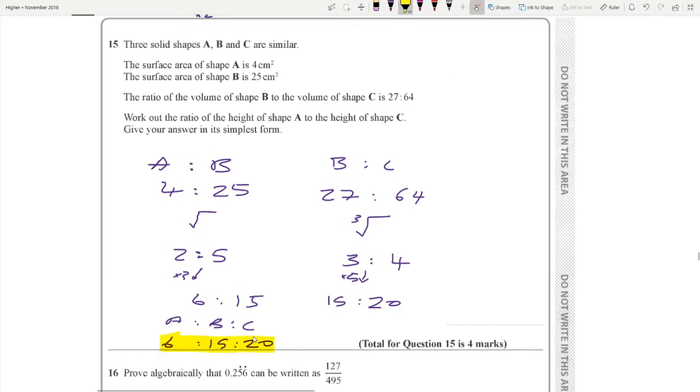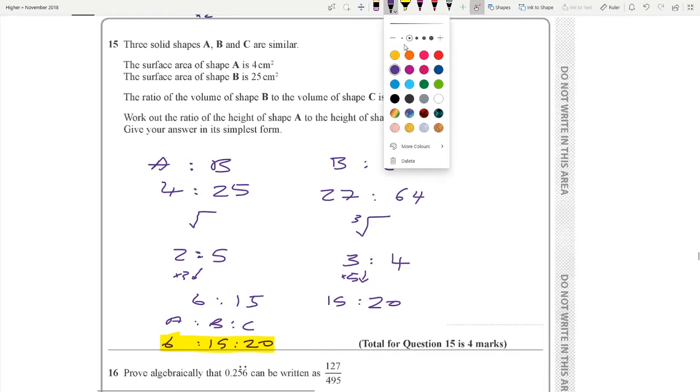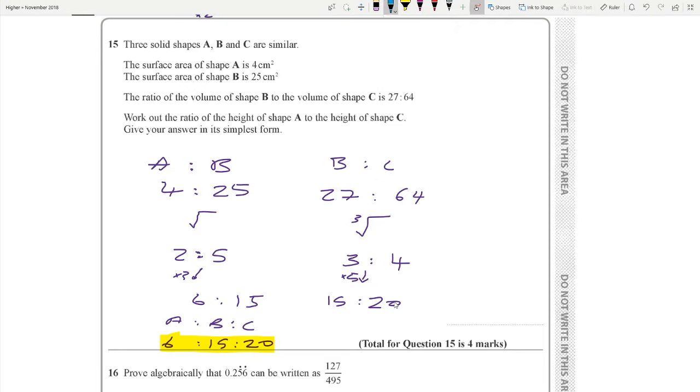So this ratio, 6 to 15 to 20, if we simplify that, we can divide each one by 2, and also we just want the ratio of A to C. So the ratio of A to C is going to be 6 to 20. In its simplest form, we can divide both by 2, so you get 3 to 10. That's your final answer, 3 to 10.